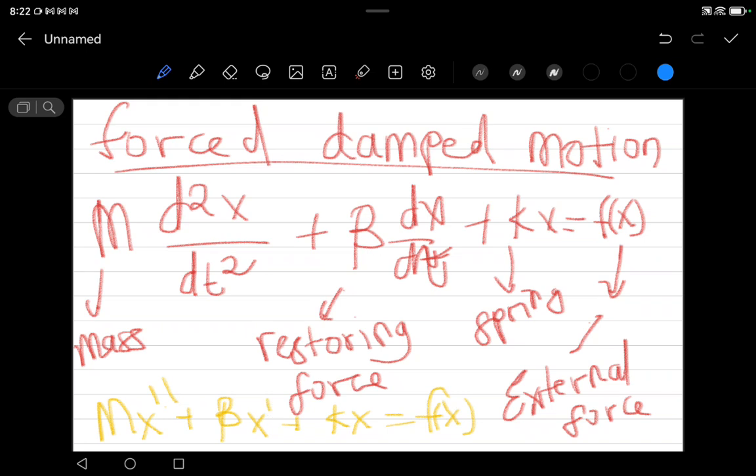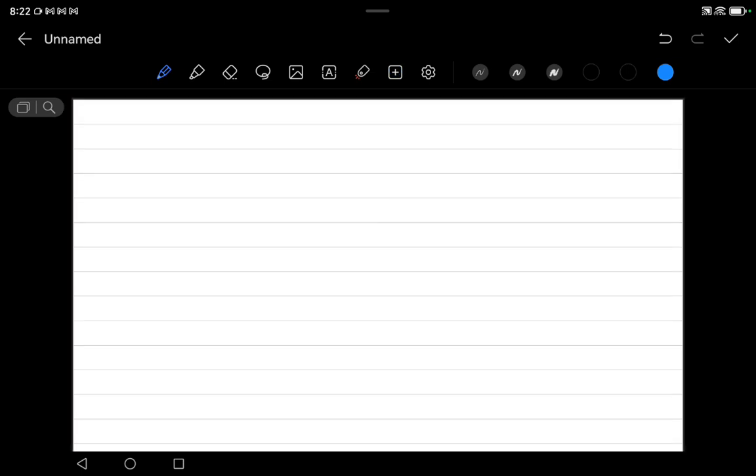Okay, so at the end of this whole thing, we are going to look for displacement. We're still going to do the same thing to get the YCF and YPI, but this time we're going to use X. So at the end we're going to be looking for YCF plus YPI.